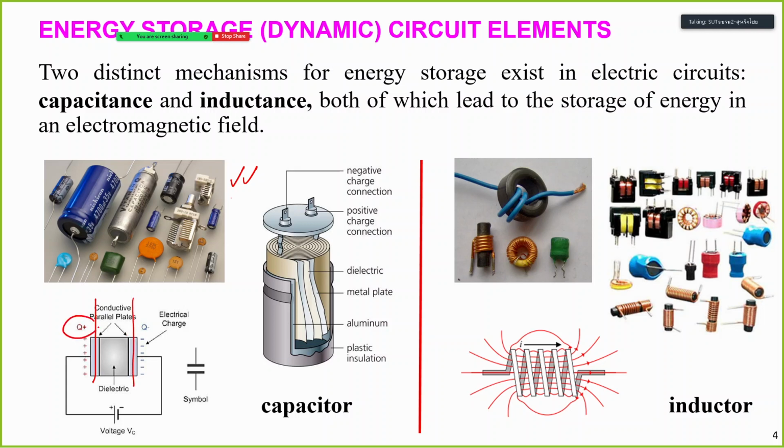When it is fully charged, it becomes an open circuit. If the voltage is not changed and it's fully charged, it just acts as an open circuit, right? But the inductor is a coil, a kind of coil. It depends on the design, the number of turns, and the material used.